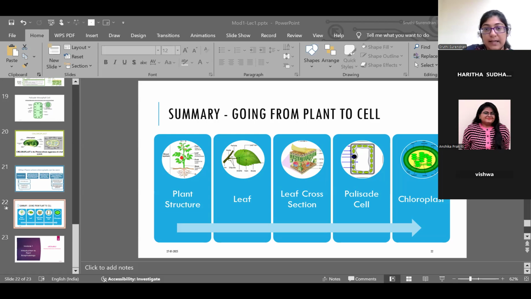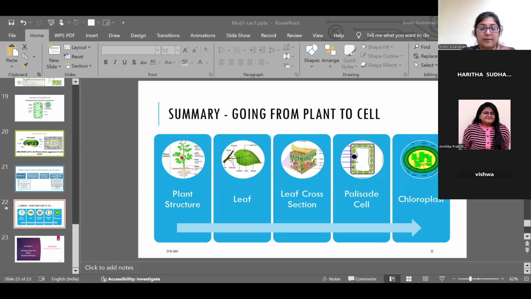Now we get sunlight from the sun, of course, and the roots are absorbing water from the soil and providing it. This NADP plus and ADP is being generated from the Calvin cycle, which is being used in the light reaction. Now, in order for this Calvin cycle to happen, they need something called NADPH and ATP. And this is being produced during the light reaction.